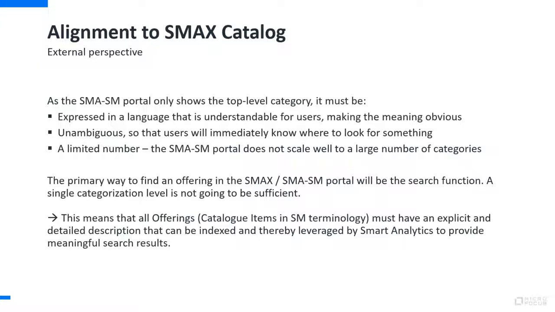So you're using the search. This will automatically mean that you need to register and document your offerings in a way that the search actually finds them properly. So spend enough time on a good, explicit and detailed description of the catalog item when you maintain and create your offerings.